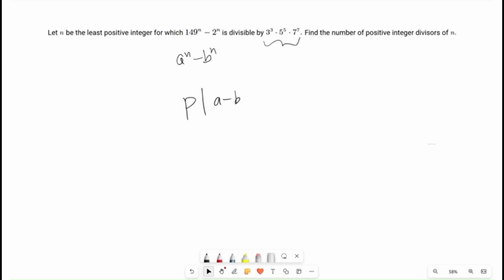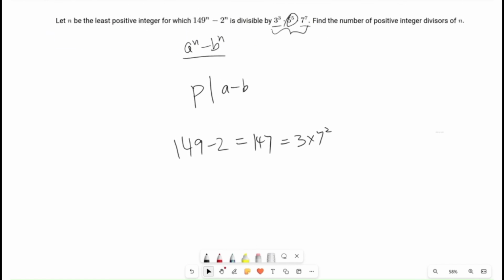And therefore, 149 minus 2 being computed would be really helpful. And so that's equal to 147, which is just 3 times 7 squared. That means that we can use LTE on the prime number 3 for this expression over here, and also the prime number 7. And for 5, we're going to deal with that later.